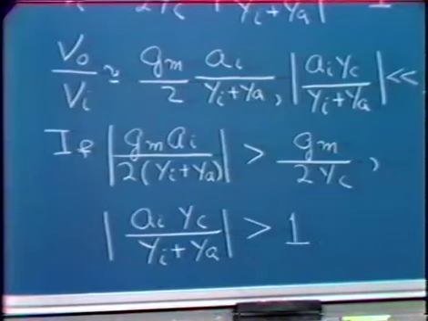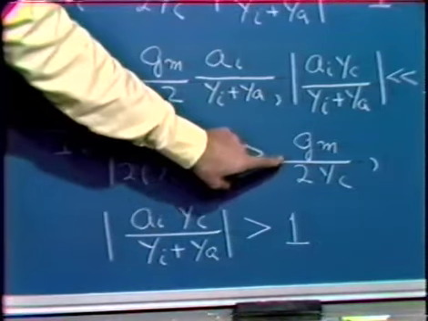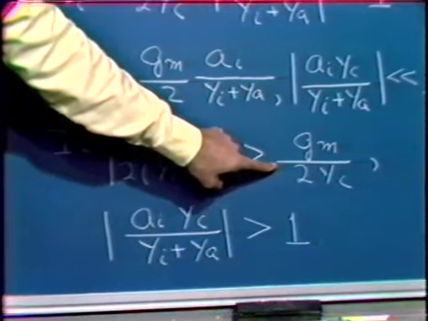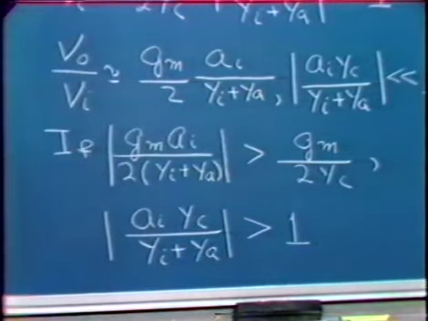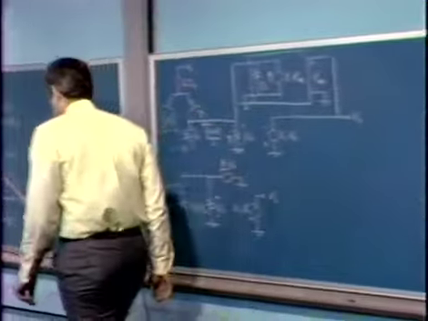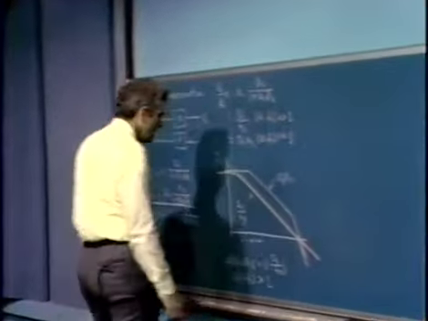If that's true, our earlier approximation tells us that we use this as our estimate of the open loop transfer function of the amplifier. It's exactly the sort of thing that we did over here.